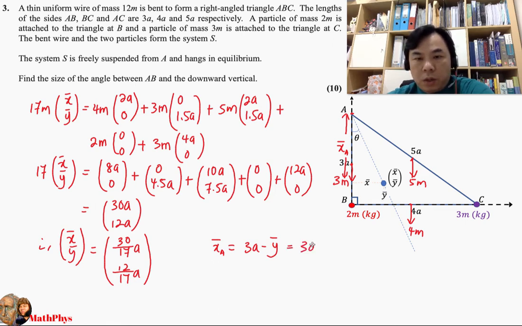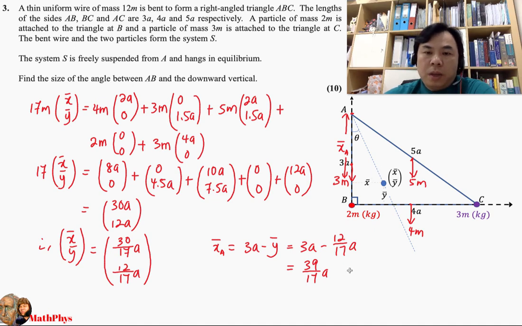So we have 3a minus our y bar, 12 over 17a, which yields 39 over 17a there. And then the vertical distance with respect to this line AB is the same as x bar. Therefore, it still yields the same result as our first and second configuration. That would be our checking strategy in the exam. I hope that's clear.